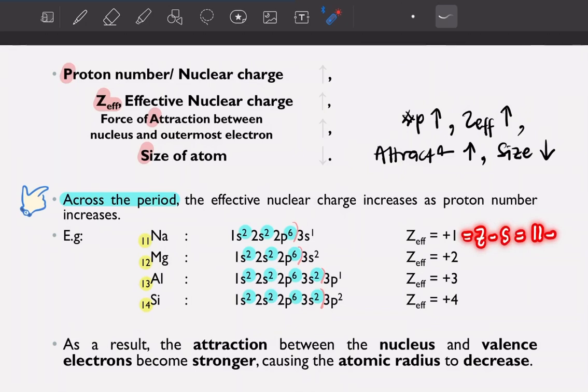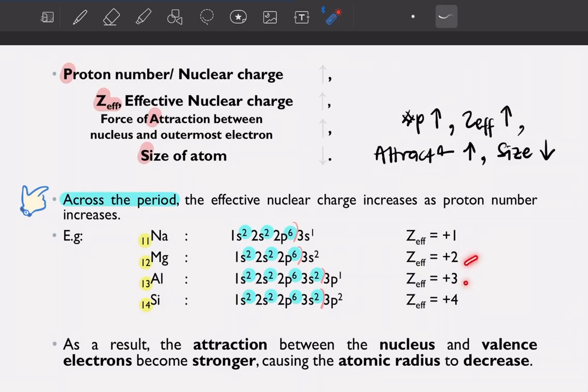the number of electrons in the inner shell. So ini outermost shell. Okay, so we are going to ignore that. So kita akan ambil the number of electrons dalam inner shell. So we have 6, 2 and 2. So that will be 10. So 11 minus 10, you will get +1. Alright, so that is your ZEF for sodium.